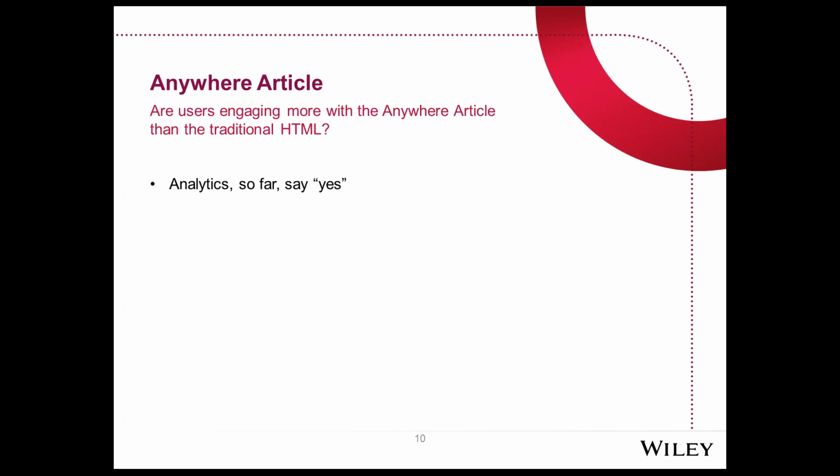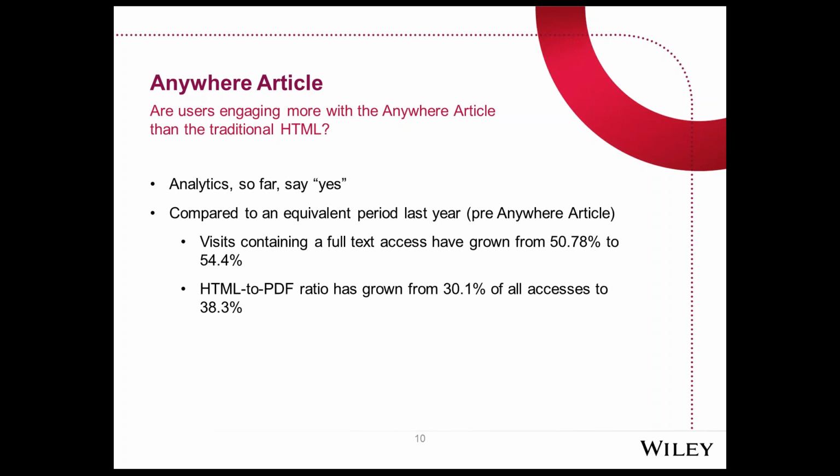So our analytics so far, thankfully, say yes, users are engaging more with the Anywhere article. Compared to any equivalent period last year, visits containing a full text access grew from 50% to 54%, which is a fairly big jump. And interestingly, the HTML to PDF ratio has grown from 30.1% to 38.3% once a journal migrated to the Anywhere article version.